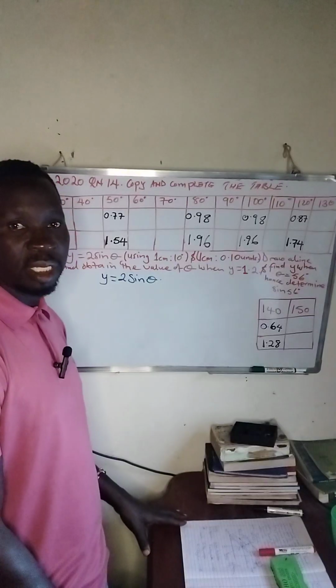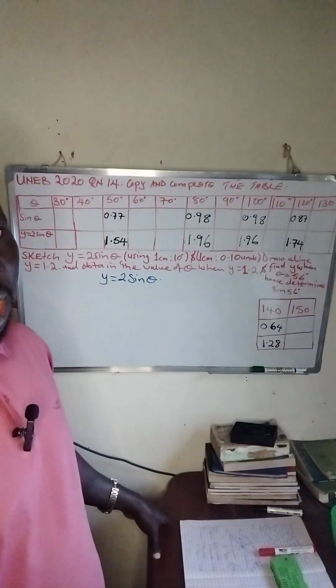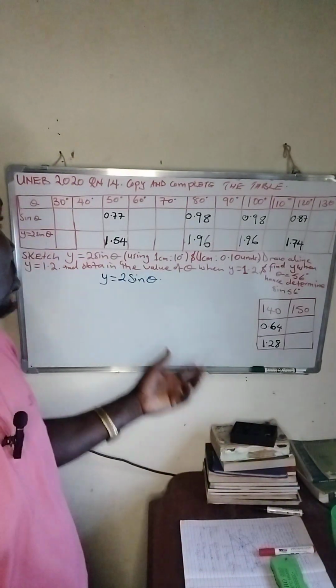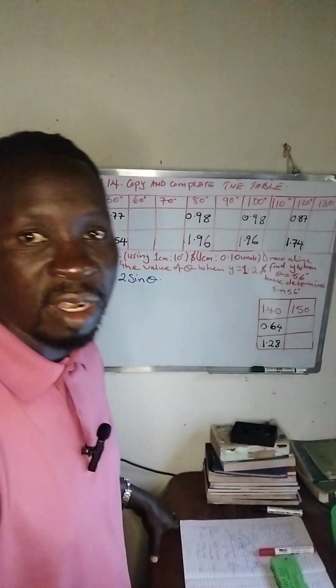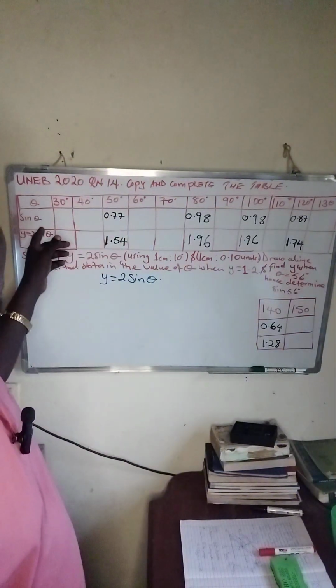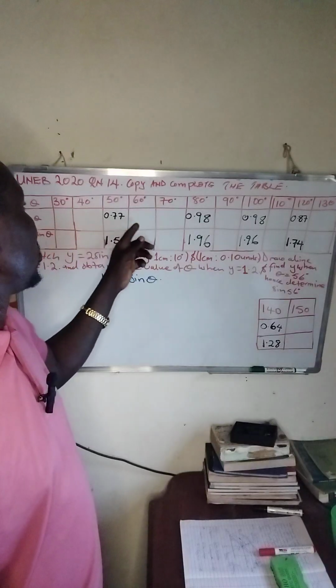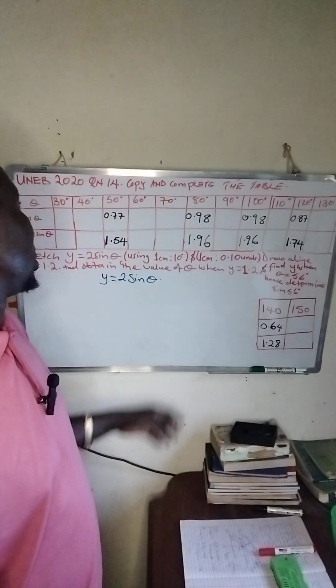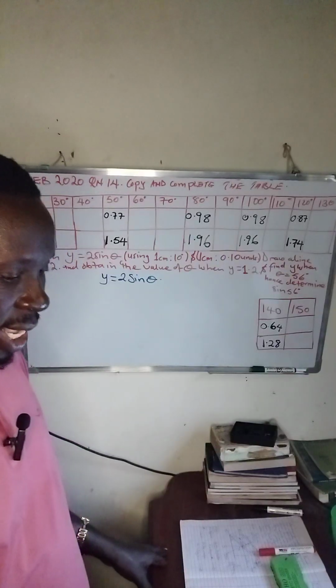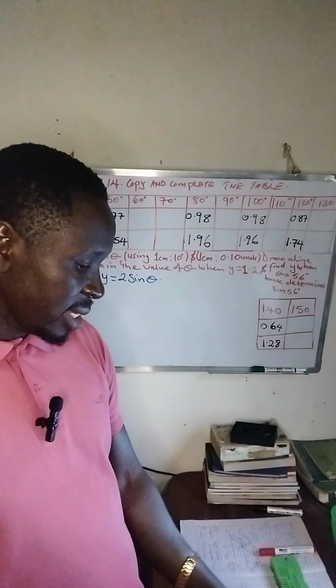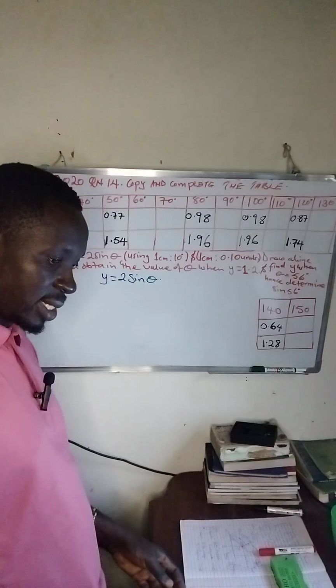Altogether, we are going to use a calculator as we are passing through. You are also going to use your calculator, but remember all the values you are going to write, for example in the sine row here, are going to be at 2 decimal places. Okay, let us just place them and see.